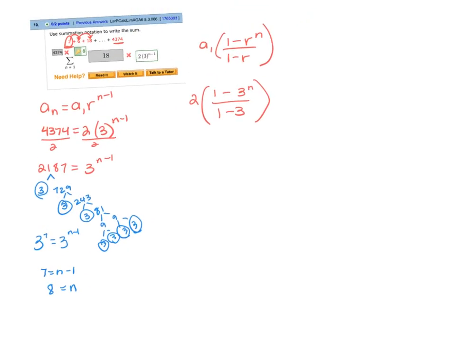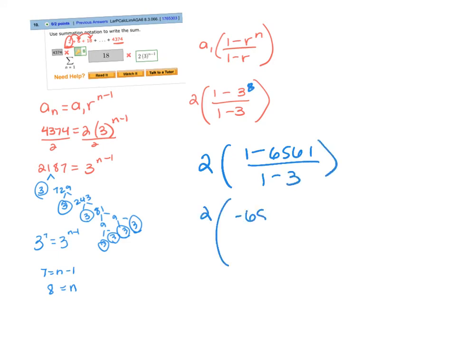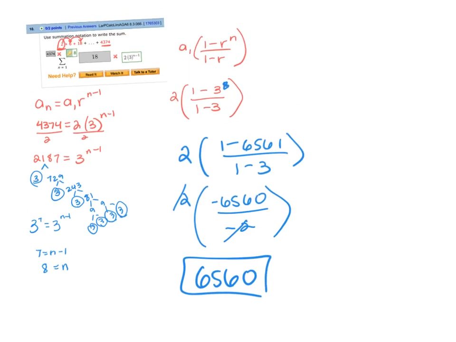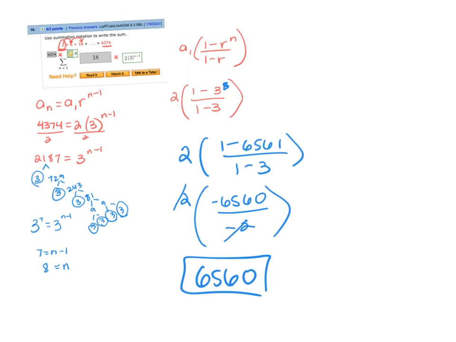Now I can plug it in here. So 2 times 1 minus 3 to the 8th. These cancel, but the sign's still there, so it becomes a positive 6,560.